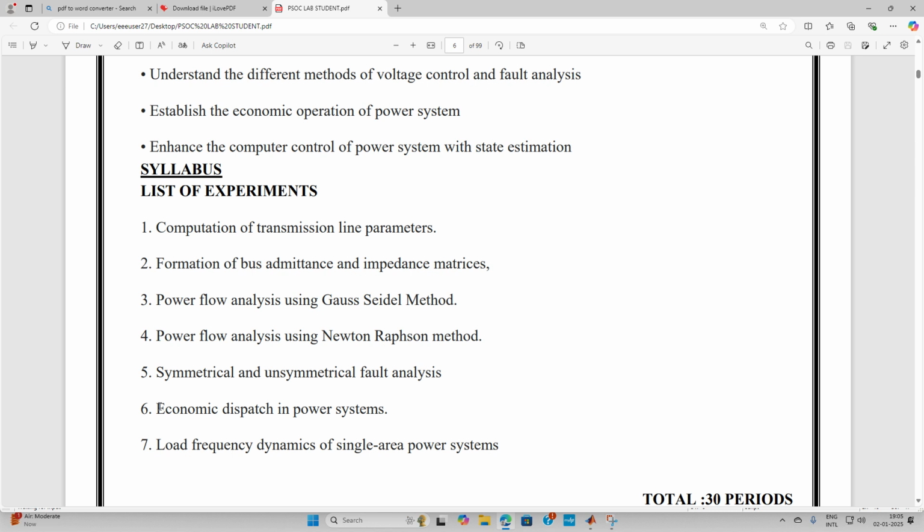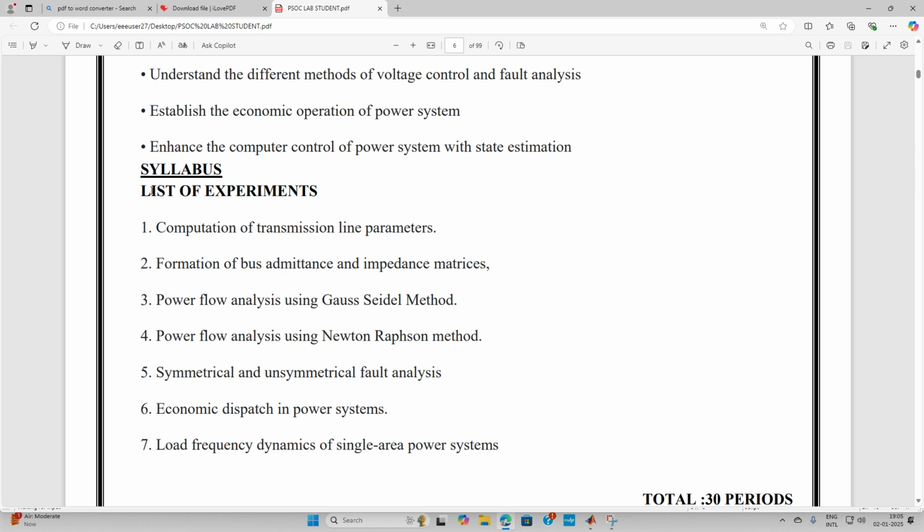Load frequency means we consider the frequency. It is one of the most important things while generating power supply in the generating station. Frequency is the main thing, so we have to maintain the frequency constant in the load frequency dynamics of a single area power system.